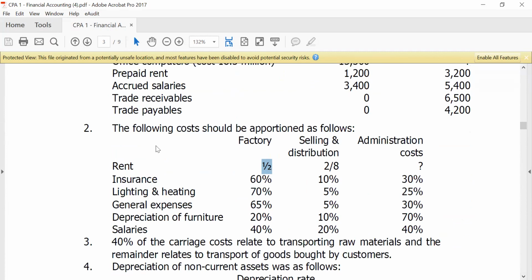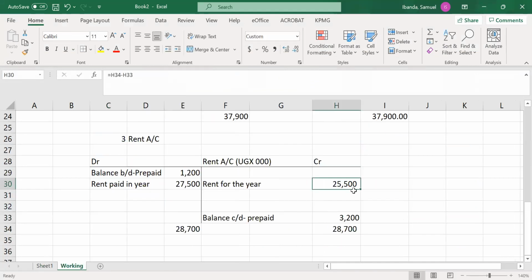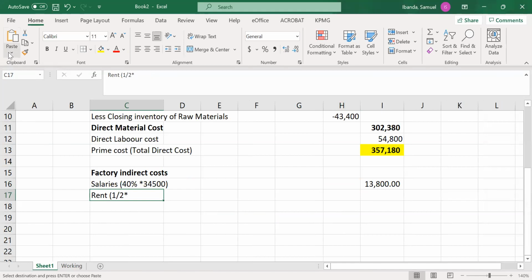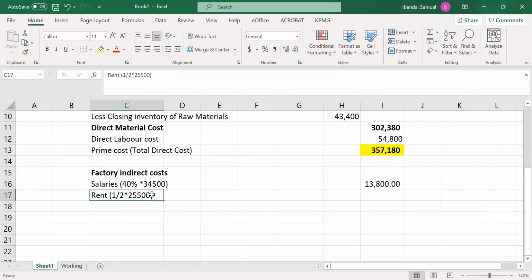So what I'll basically do is I'll come here and say a half times this so-called 25,500, which is my rent for the year. So that is what I basically have.